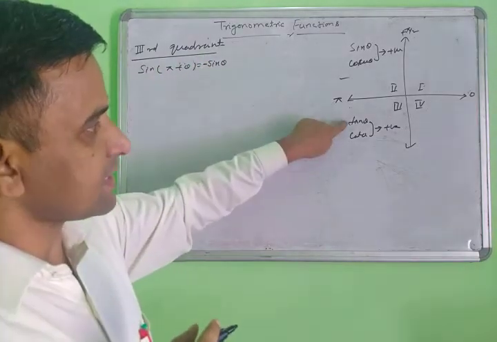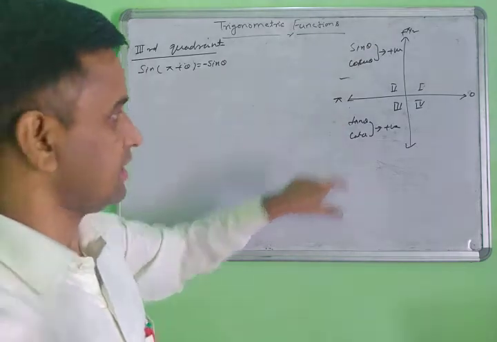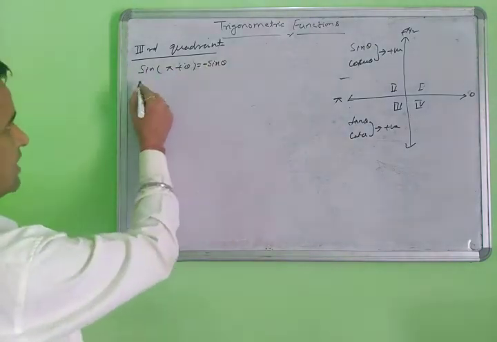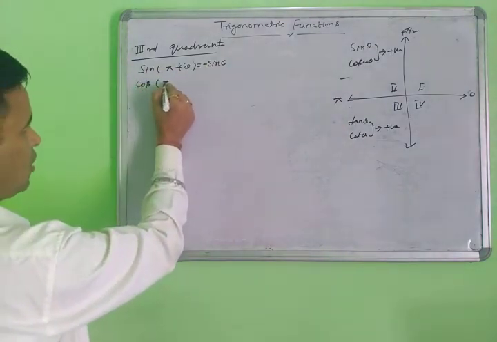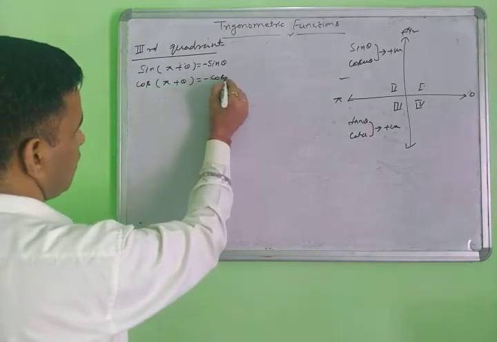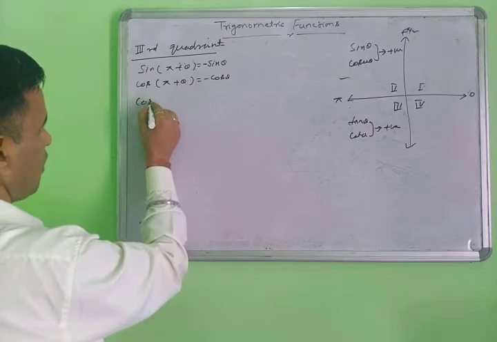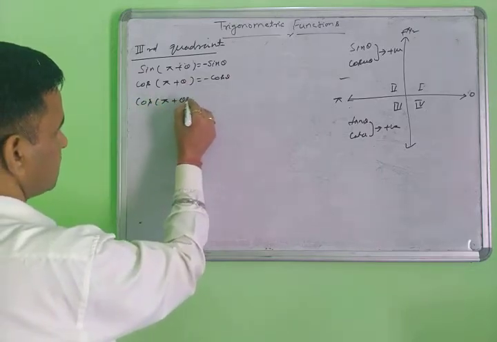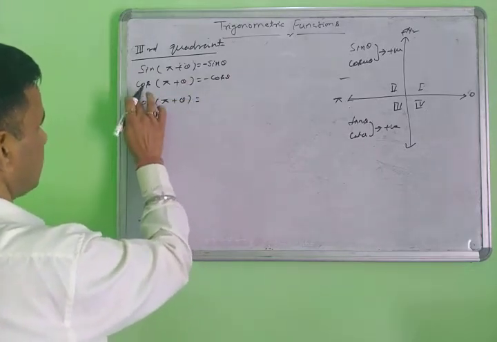Means only tan or cot here are positive, the rest will be negative. So sin(pi + theta) is minus sin theta, cos(pi + theta) here is minus cos theta. Cos is completed, tan next.